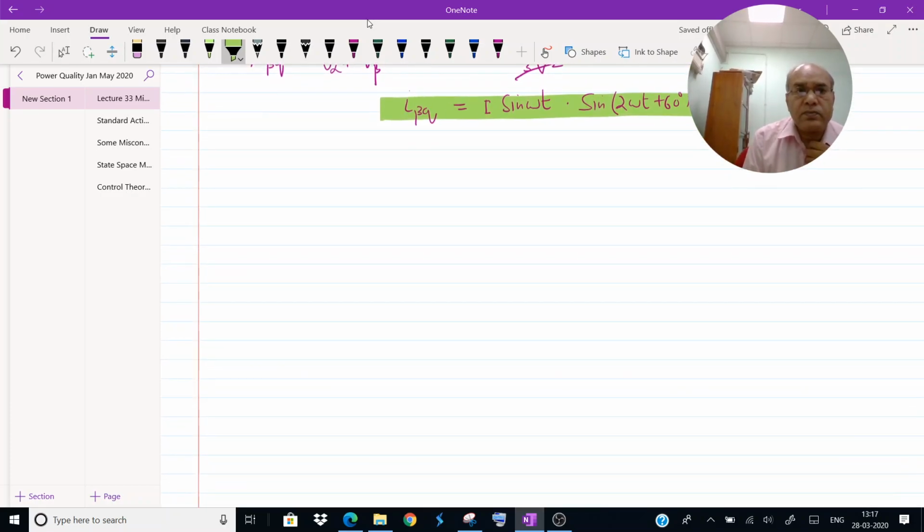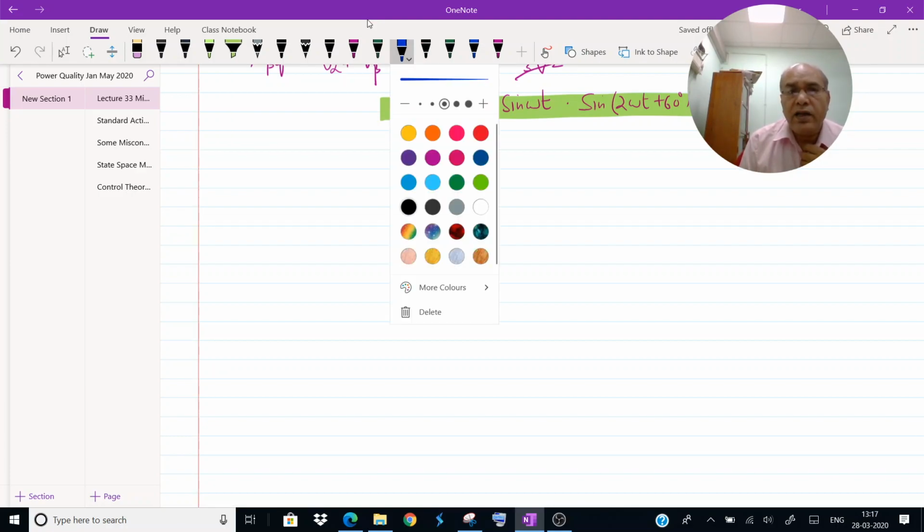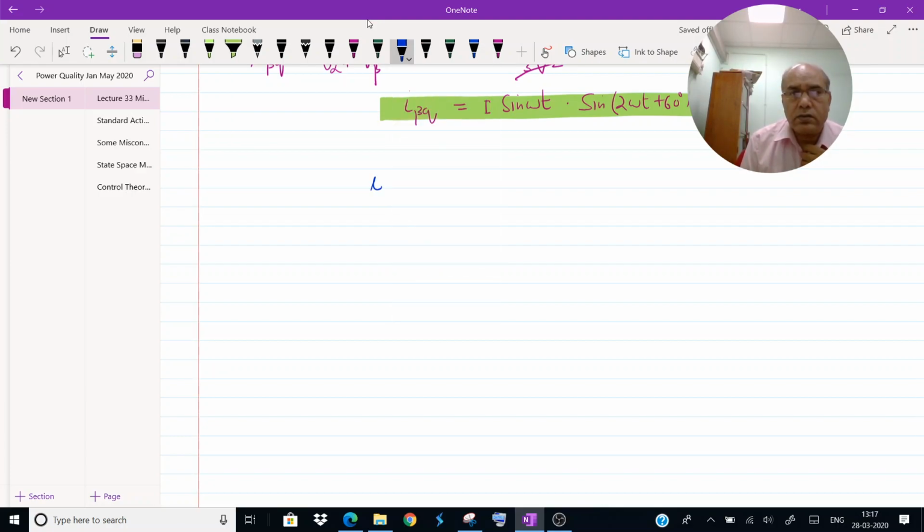For example, if you remember, I alpha p, I beta p. This matrix has to be multiplied to find out I AP and I BP.